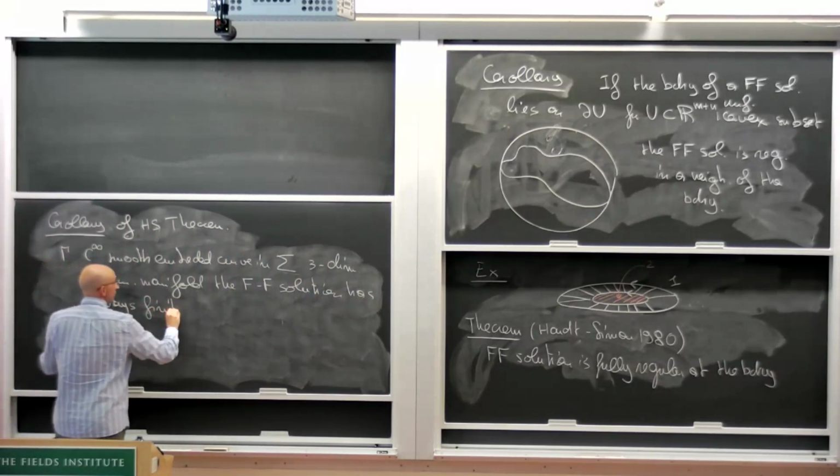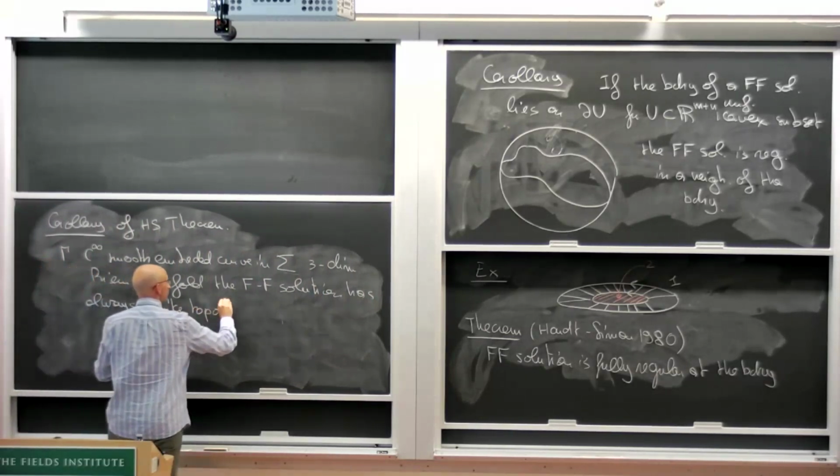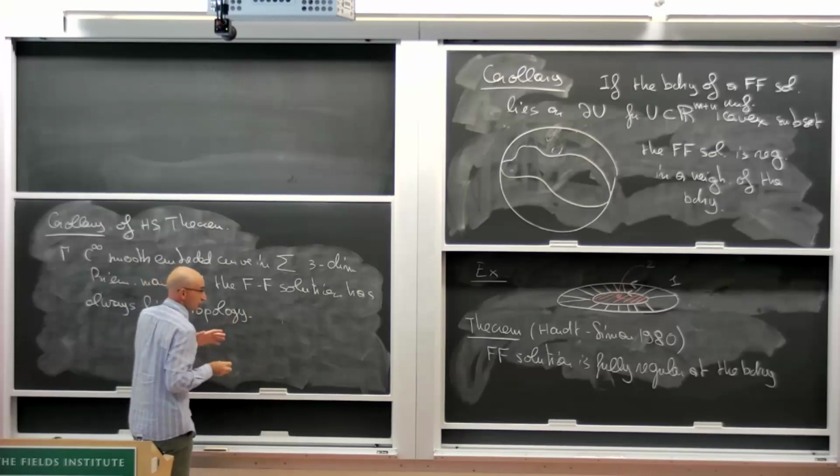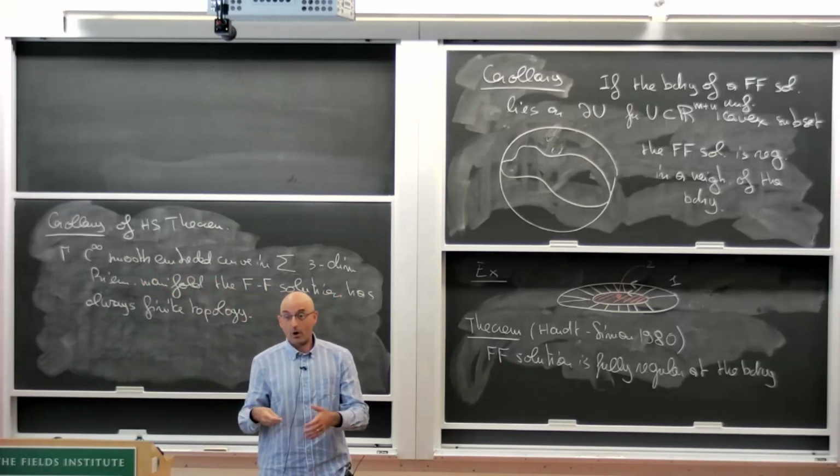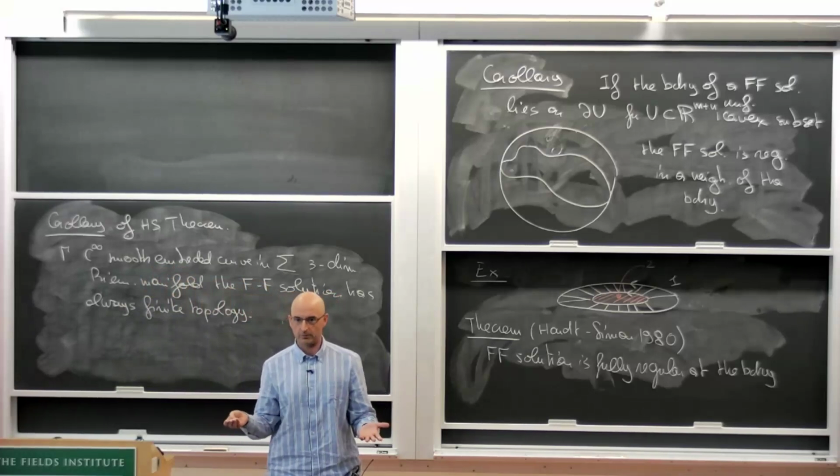So it's actually classical, meaning that it is a smooth minimal surface which takes the boundary in a smooth way. So a posteriori, it's a surface of finite topology.